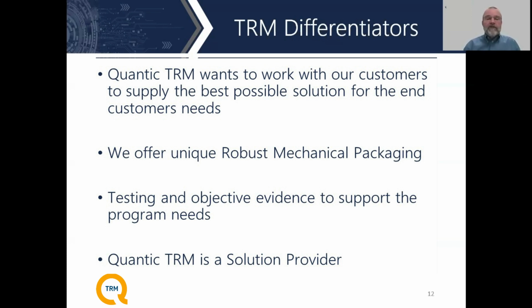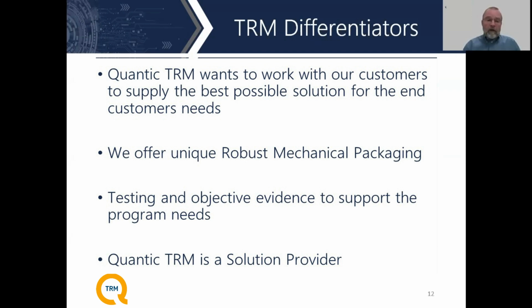So one of the big differentiators that TRM has is we like to partner with our customers. If somebody would like to have a simple device, wants to order something, we're happy to take the order. But really, where TRM shines is we are a service provider, and we like to go in there and make sure that the component that you need is best going to meet your customer's needs, to make sure that you have the right design and the best design for that particular application.